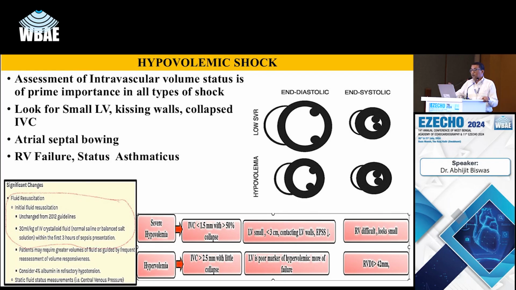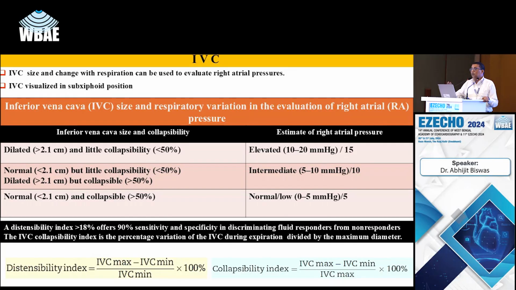You must know how to get a good apical 5-chamber view. Next, you must know the diastolic function, the status, the LA pressure. Now, the rule of thumb, you add 4 millimeter of mercury to the E by A ratio. Now, this is not very sensitive, but it's a workable formula.